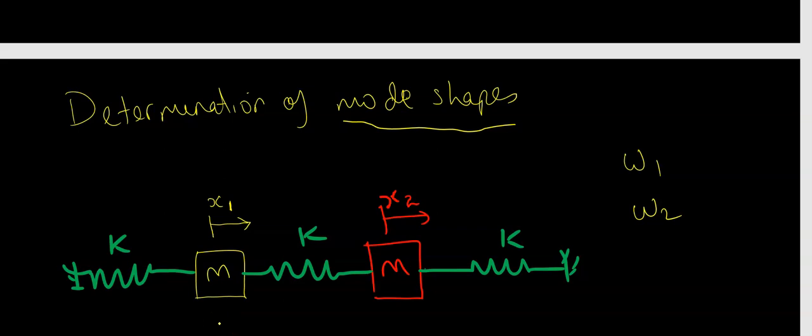It means that for omega 1, the mass in yellow vibrates with respect to the mass in red in a certain way, and then for omega 2 the mass in yellow vibrates with the mass in red in a different way, right? That is what we call the mode shape. And we have a mode shape associated with your first natural frequency omega 1 and your second natural frequency omega 2. How do you find these shapes?